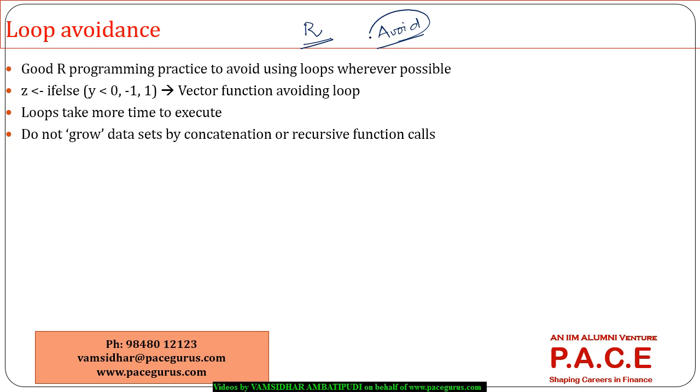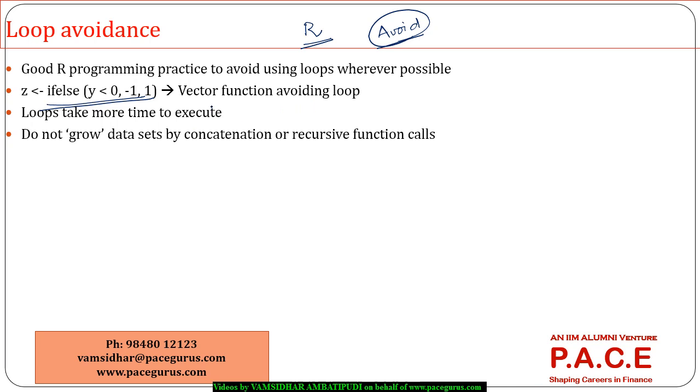We really don't need to repeat a lot of things because R applies any kind of calculation to the vector per se. So wherever you can avoid the loops, you can avoid them. Right? In some cases, probably you can use if-else kind of a structure. You can still avoid a loop.